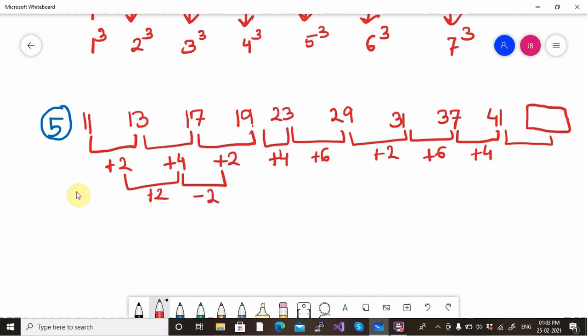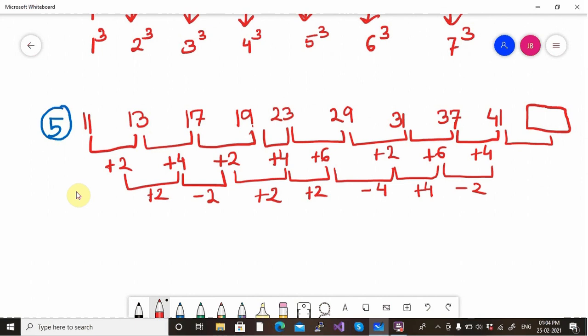From 2 to 4, the difference is plus 2. From 4 to 6, the difference will be plus 2. From 6 to 2, the difference is minus 4. Then from 2 to 6, what will be the difference? Plus 4. Then the next difference is minus 2.